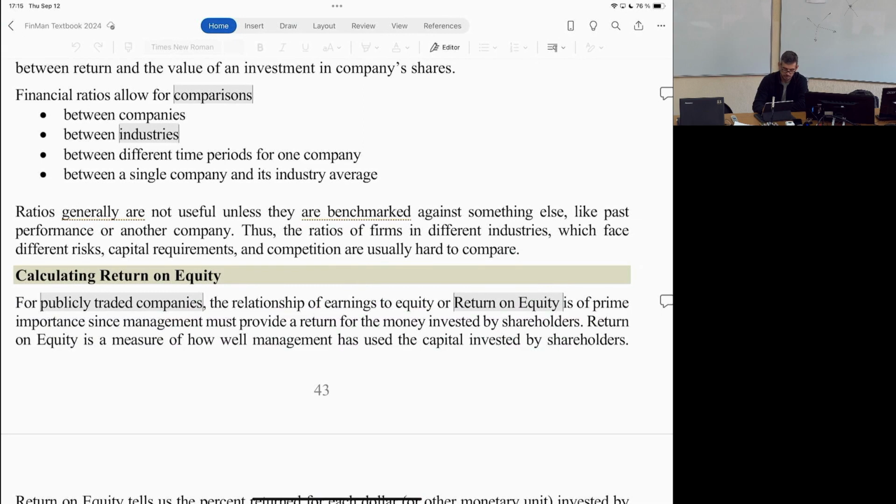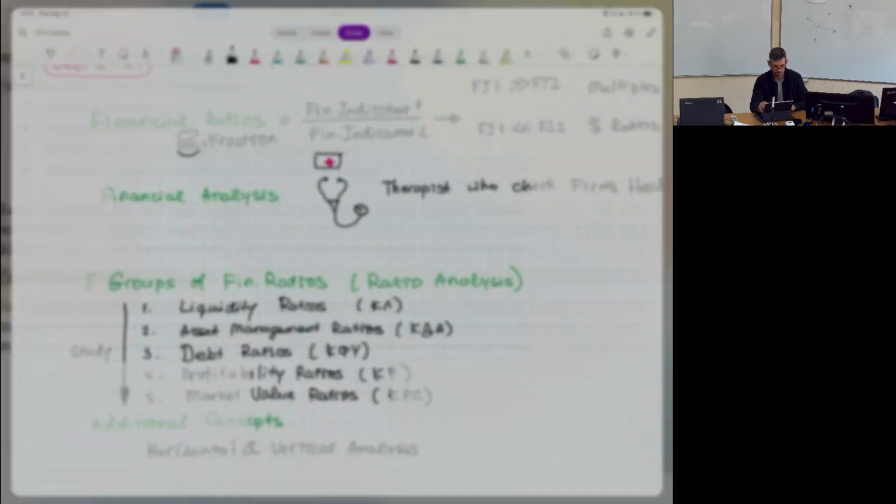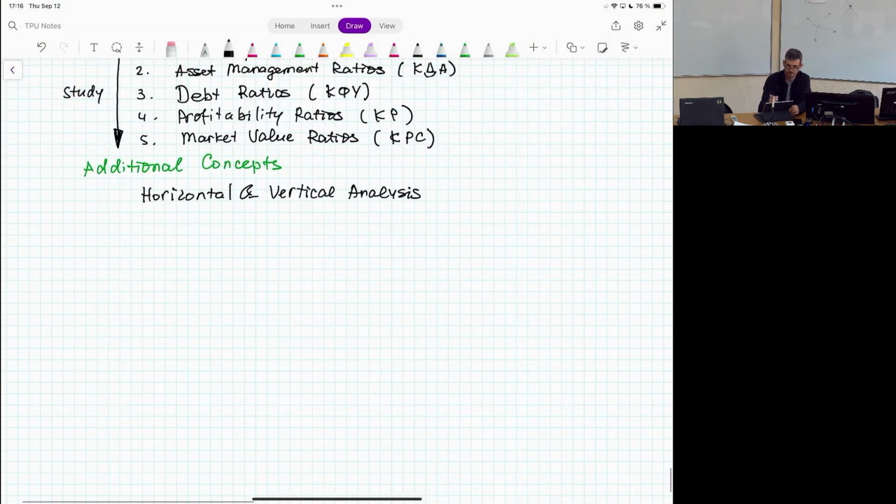the first one we will talk about is calculating return on equity, because this is the most popular ratio in financial analysis. So let's talk about this. In fact, I will say, okay, calculating return on equity.